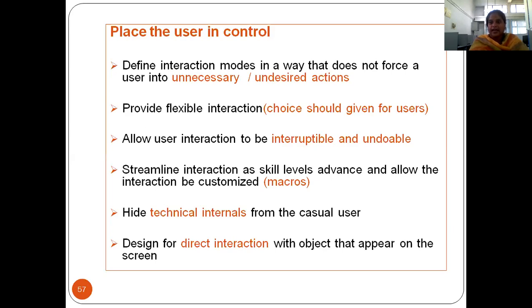Allow user interaction to be interruptible and undoable. Next, streamline interaction as skill levels advance and allow the interaction to be customized with macros. Hide technical internals from the casual user. Design for direct interaction with objects that appear on the screen. You will have a direct interaction with the objects appearing on the screen.